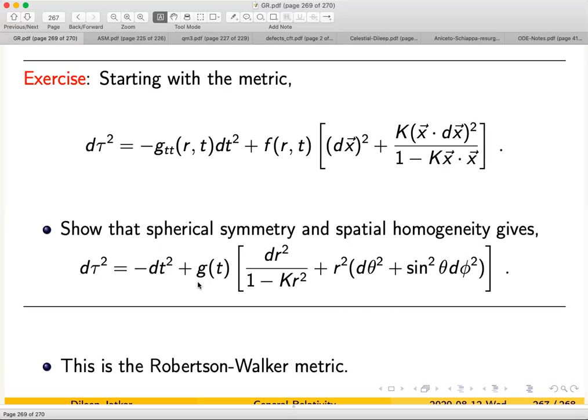Either they are maximally symmetric or they are spatially maximally symmetric, like the Robertson-Walker metric. If you use this class of metrics, it is easy to show that these solve the Einstein equation in the presence of sometimes zero cosmological constant, sometimes positive, sometimes negative.